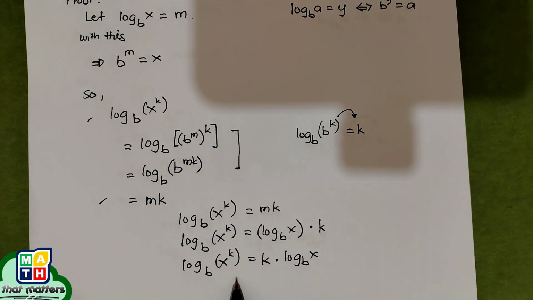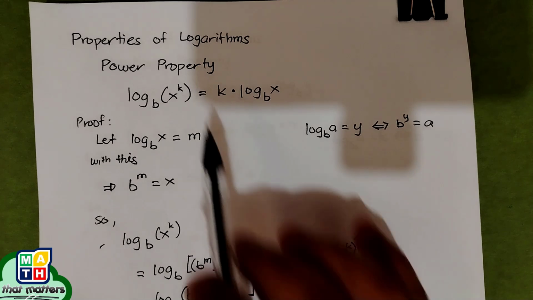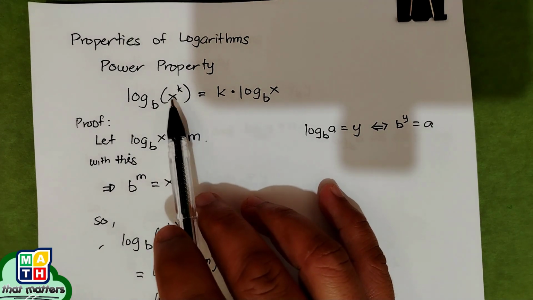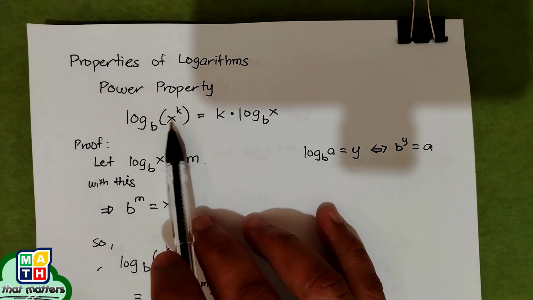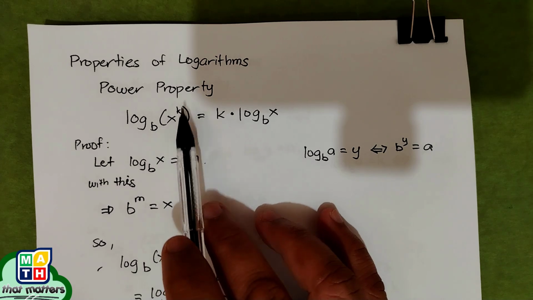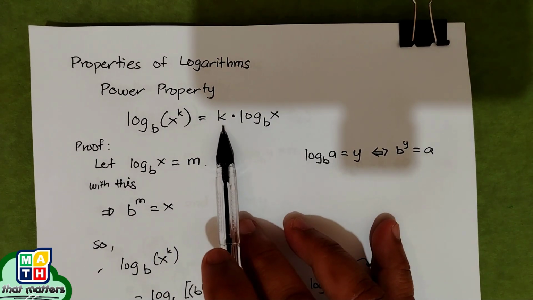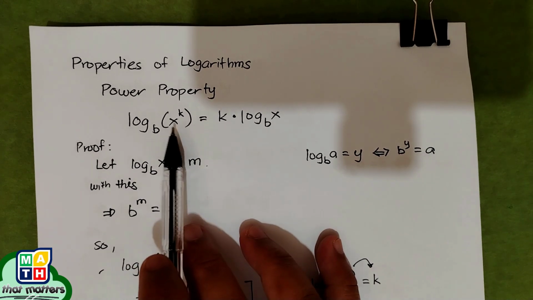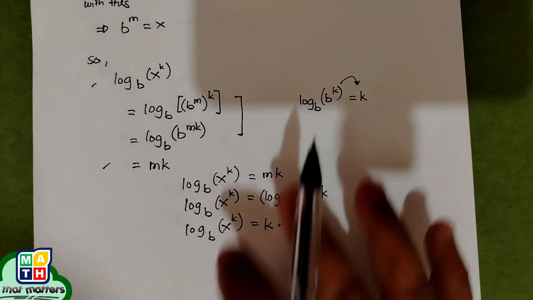So this is the proof for this power property, which tells us that if we can express our expression as an exponentiation not having the same base, simply take out the exponent and make it a multiplier to the logarithm of just the base, to the same base b. This is already proven here.